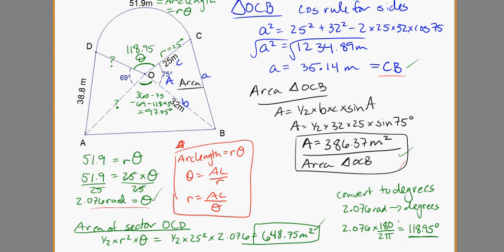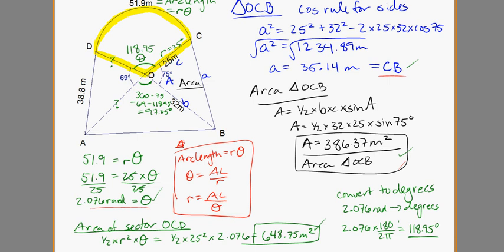But I'm going to point out one that might be less obvious to some of you guys. Remember, a sector is just part of a circle. Now let's look at that sector. Part of the circle. And so in a circle there's always going to be a radius, and in this case the radius is 25 meters. Now every single radius within that circle is going to be 25 meters as well.